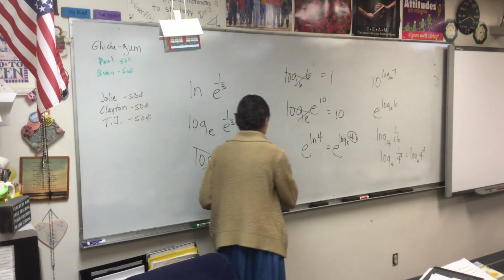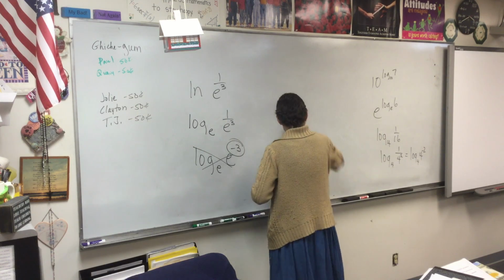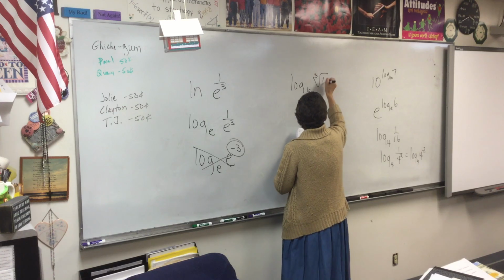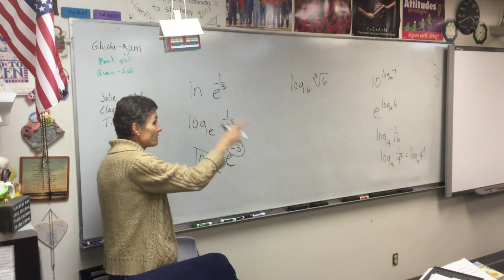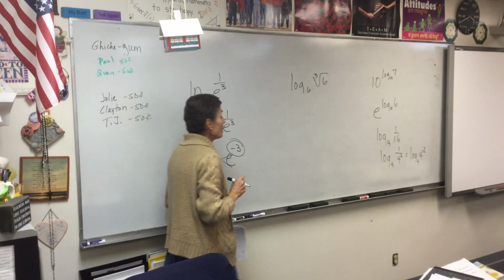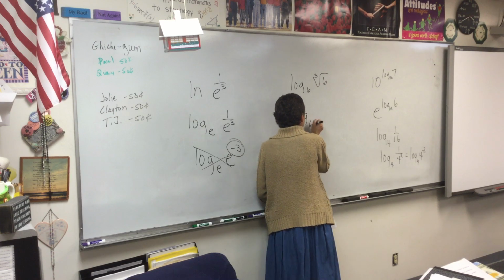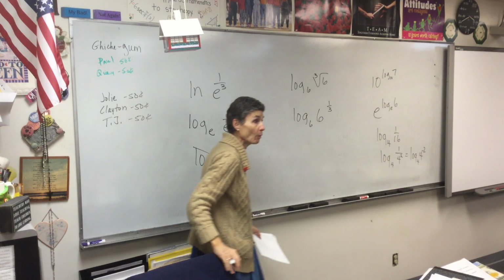All right, number 7. Anybody take a wild guess? Number 7? I think it'd be 1/3. Bingo! Because when I have a cube root, it is the same as a 1/3 power.